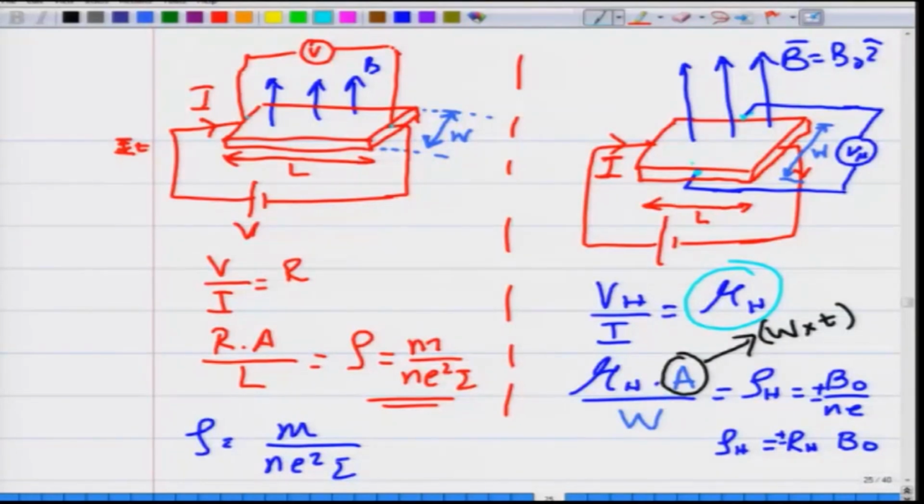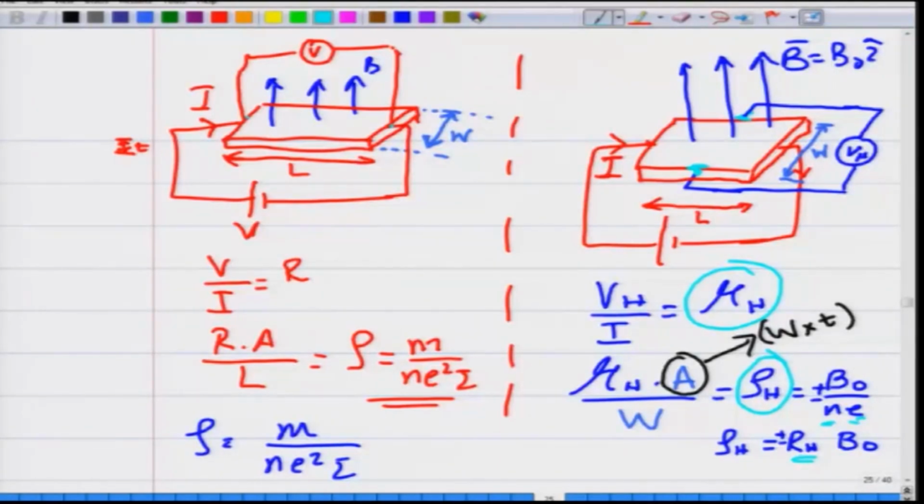The spacing between the 2 voltage contacts is W. So, the Hall resistance into area of cross section A divided by the width of the sample will give you your Hall resistivity, and this Hall resistivity, as I have shown you, is plus or minus B naught, which is the magnetic field that you have applied, divided by the density and the magnitude of the charge, or your Hall resistivity is plus or minus RH, which is the Hall coefficient, into B naught.